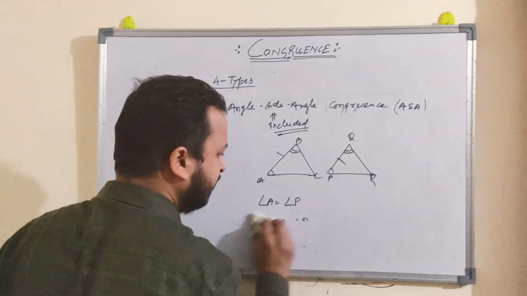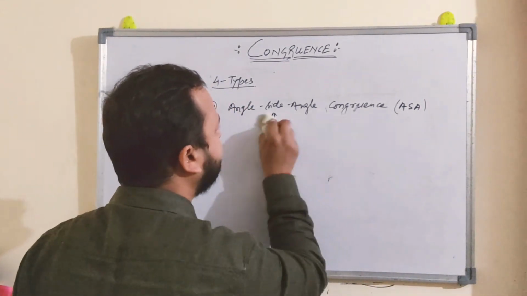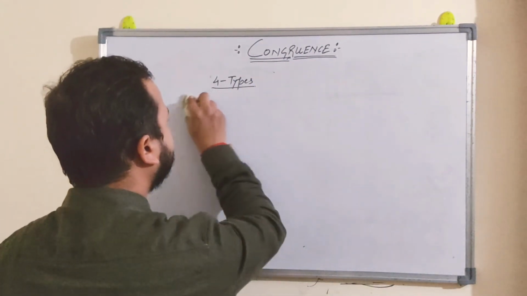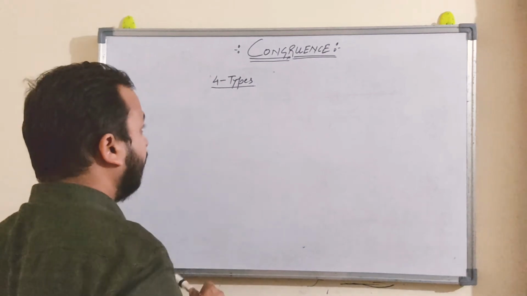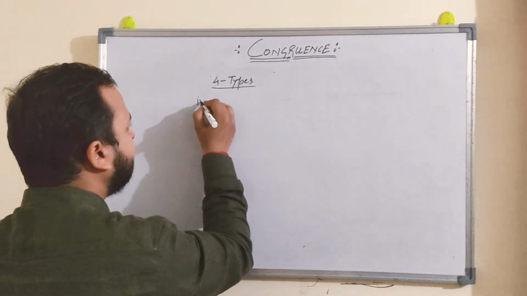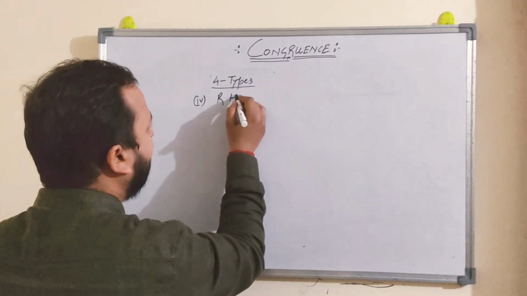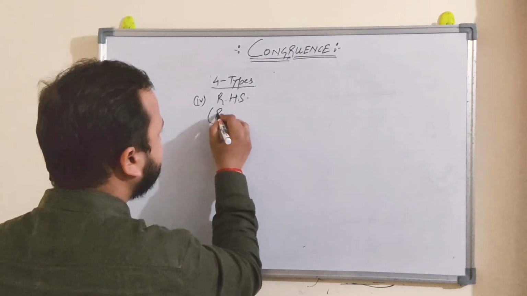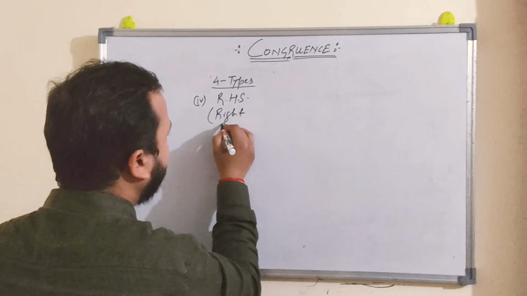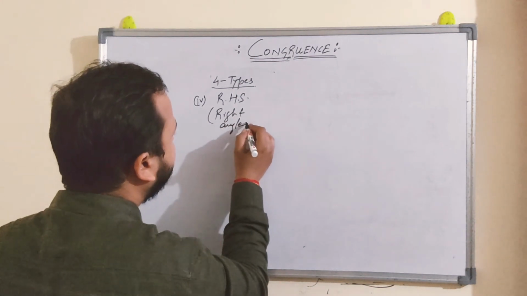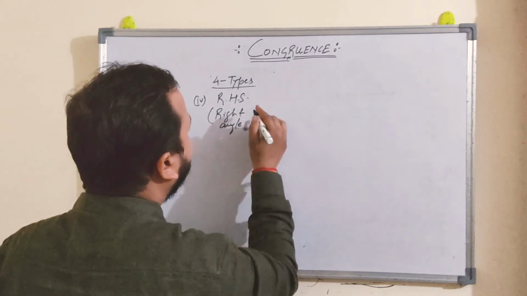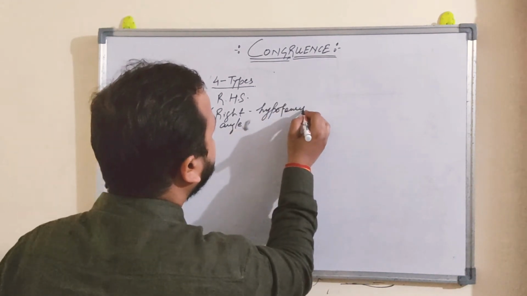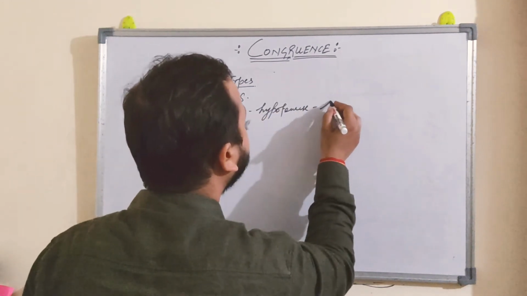Now come to the last, fourth type, that is RHS, and after that we will discuss the questions. So fourth type is RHS, and the abbreviation of this is right angle, hypotenuse and side.